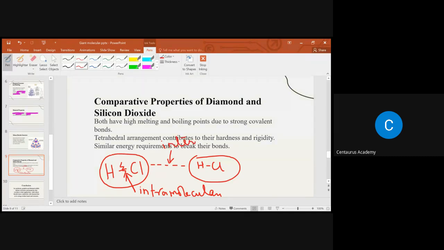Intermolecular forces of attraction are always weak forces of attraction. They are present in your covalent compounds, not in your ionic bonds, right? They are present in your simple covalent structures, in between different molecules. They are also known as van der Waals forces of attraction.